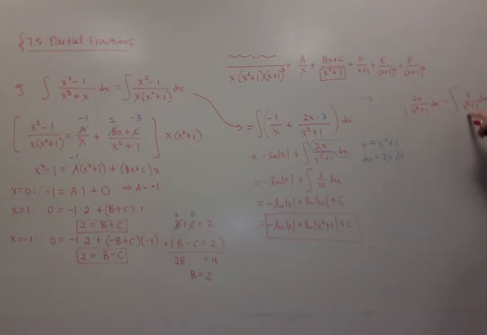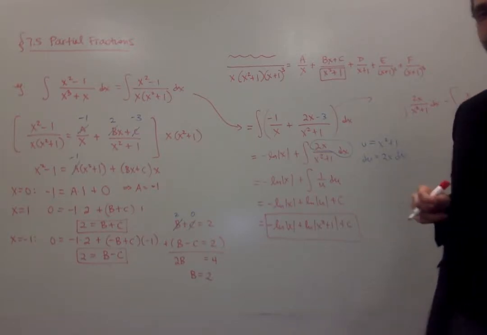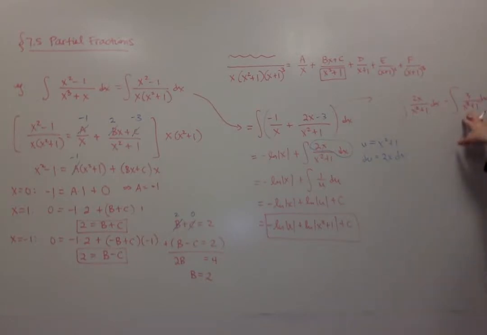But this one, right here, x squared plus 1 on the bottom, you could do one of two things. You could recognize that it's an arctangent, or you can do a substitution, x equals tangent theta. So dx is secant squared theta d theta. And if you did that, you would have to plug back in, do some cancellation, and then redo the triangle again.